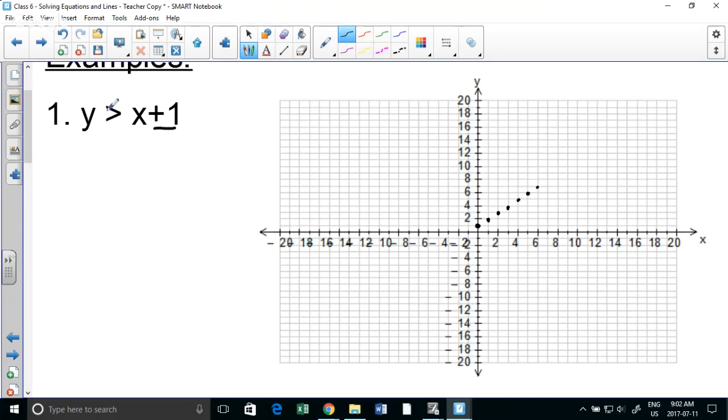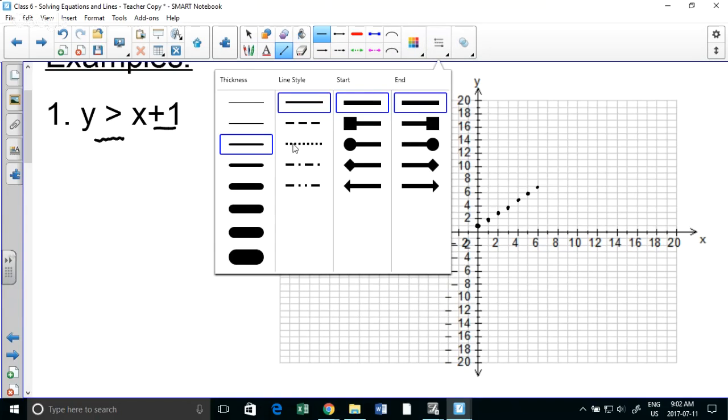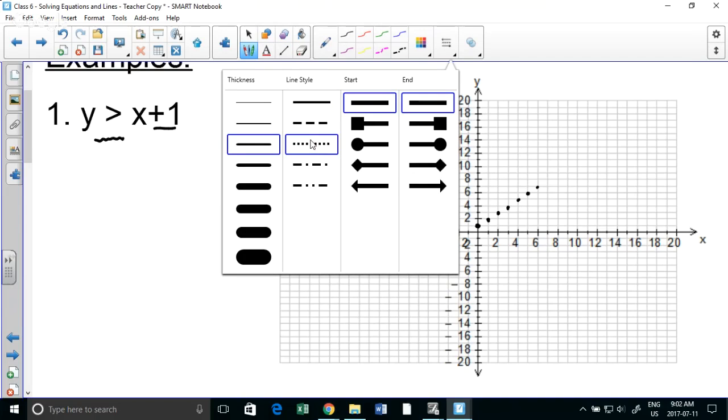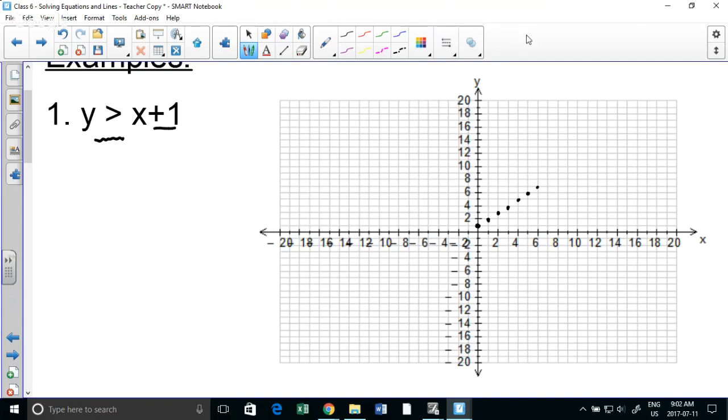Now, when I graph my line, before I sketch, I take a look at this. It's not equal to, so when I draw my line, I'm going to do it dotted. Not like a line here. Dotted, please.